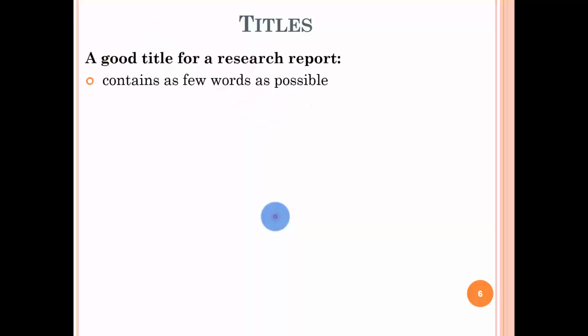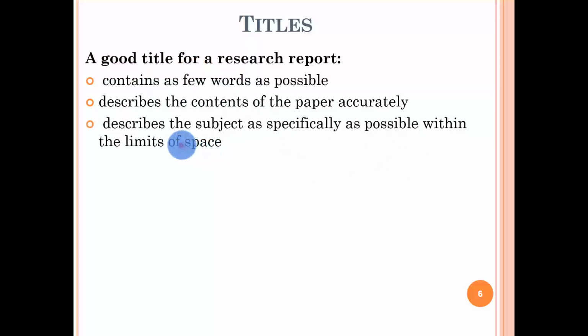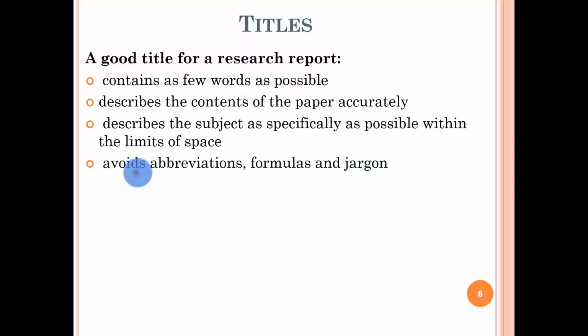A good title for a research report would have some certain characteristics. It should contain as few words as possible. It shouldn't be lengthy. It should describe the content of the paper accurately. Describe the subject as specifically as possible within the limits of space. It avoids abbreviations, formulas, and jargon.